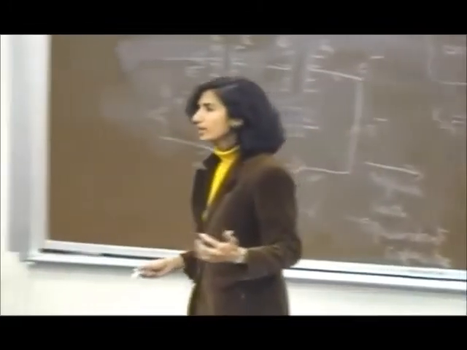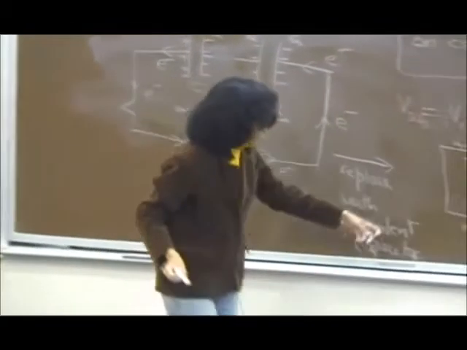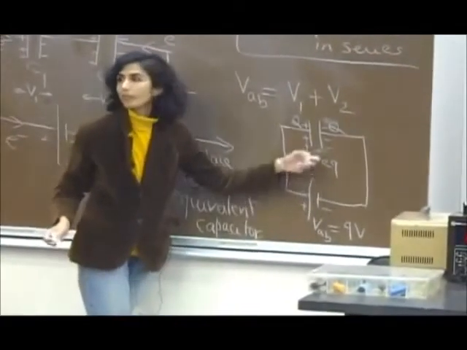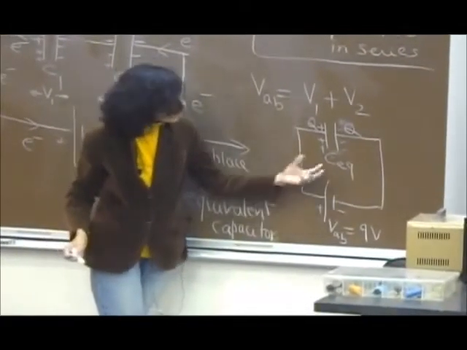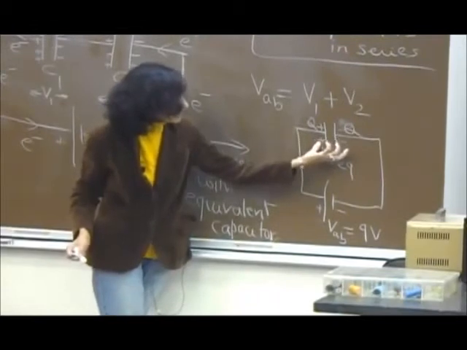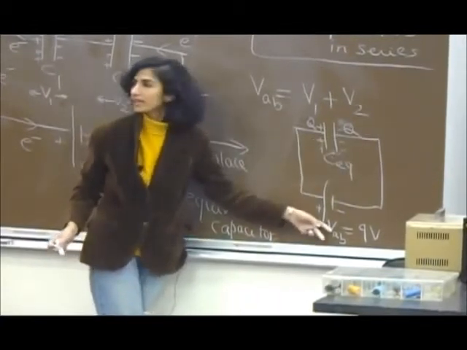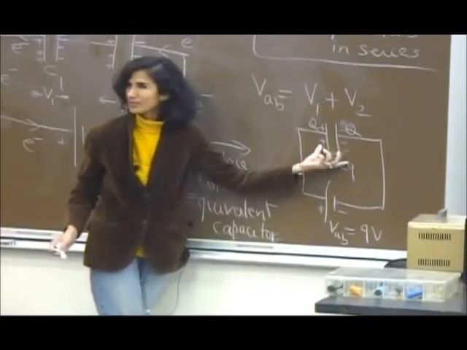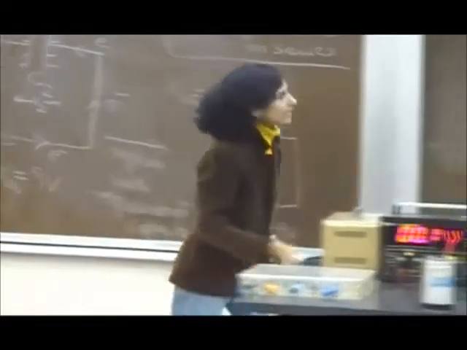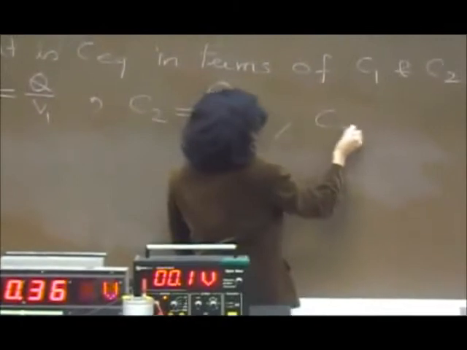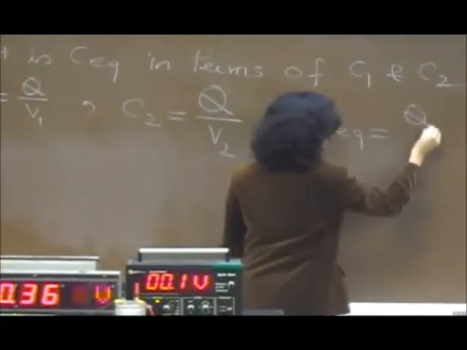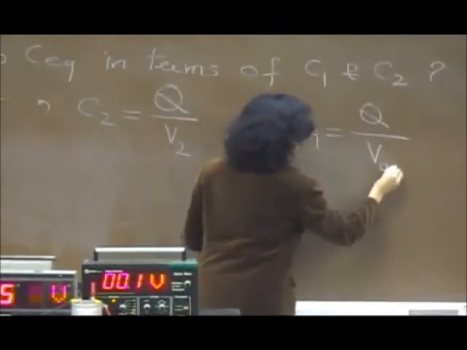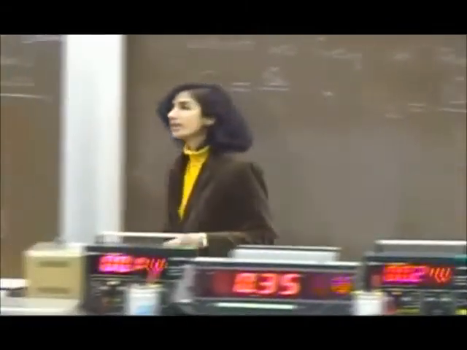Are these looking good? On the other hand, for C equivalent, what do we have? Do you see that V should be equal to VAB? For this one, there's only one. So is everybody seeing that C equivalent should be equal to the same Q divided by the total V?